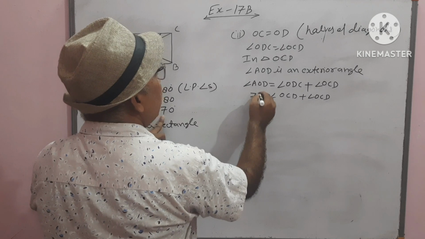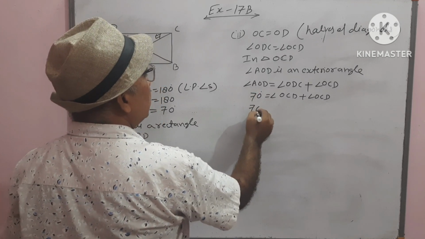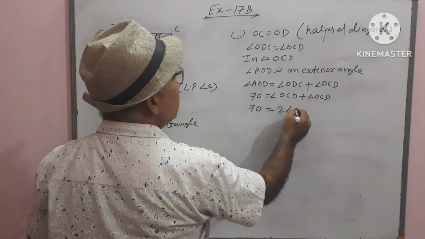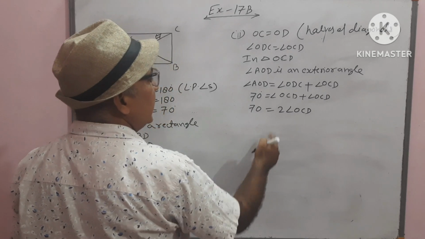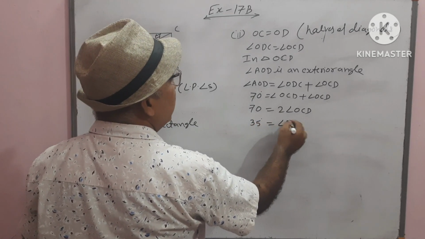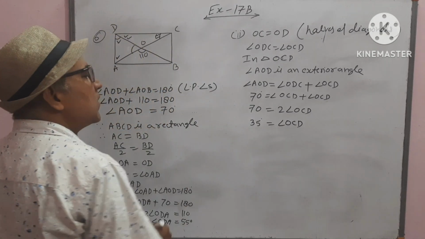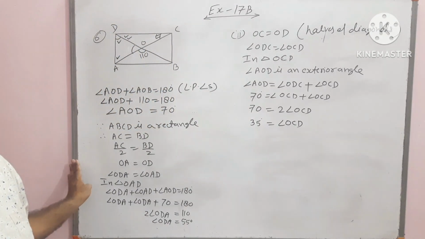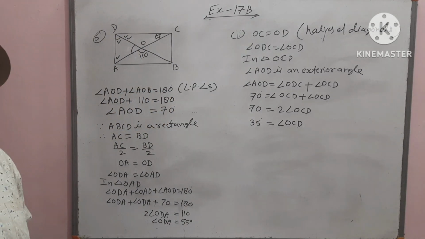So here we can write 70 degrees. That means 70 degrees is equal to 2 times OCD. 70 divided by 2 is 35. That means angle OCD is equal to 35 degrees, and that will be your answer.